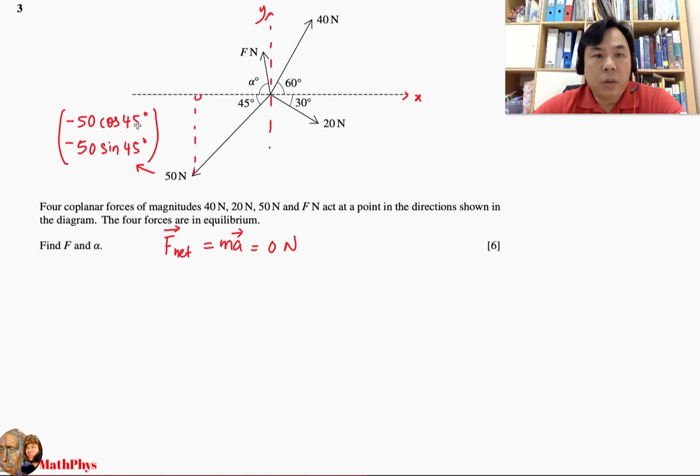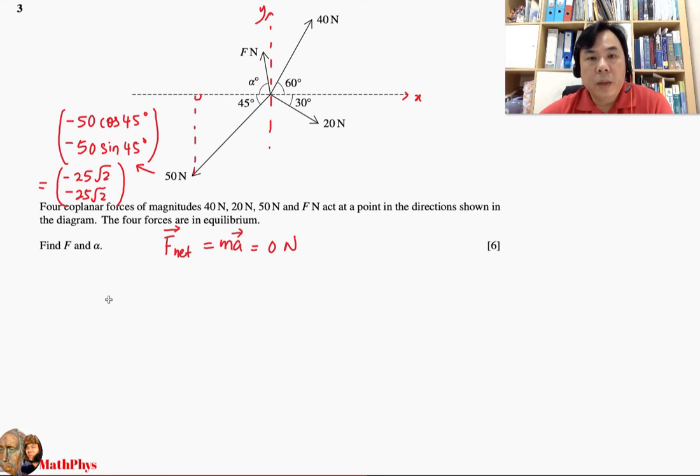And then, of course, you can simplify this later on. If you simplify this, this would actually give you a negative 25. Let me see. Is it negative 25? Yeah, correct. So it's negative 25 root 2, and then negative 25 root 2. All right. Now that's how we represent the force of 50 Newton in vector form.